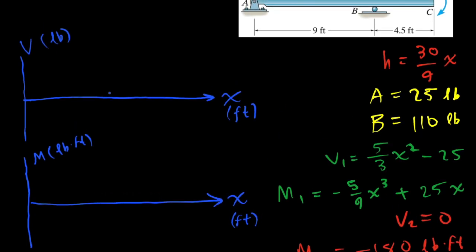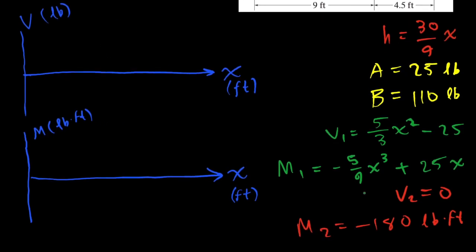In the previous video, I went over thoroughly how to treat these as functions of x, so I will not be spending too much time on that. But simply put, for V1, the first part of it is a quadratic equation. After we hit the second interval, which starts at 9 and ends at 13.5, it'll be equivalent to 0.